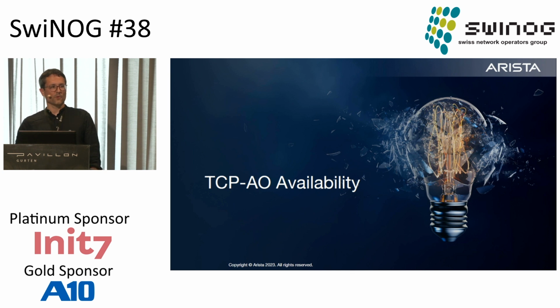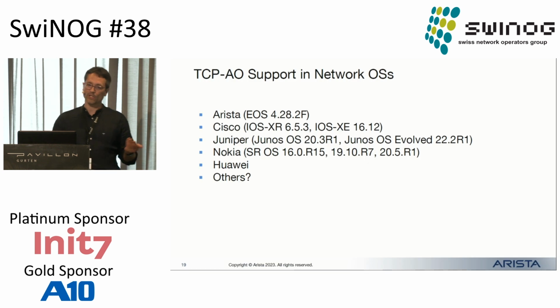But where is it actually implemented? Is it available? Can you use it today? Well, you can. Many networking vendors implemented it in their software. It's not 10 years ago that they did so, but in the last couple of years, many did. I'm sure there are also others, I just did not maybe Google good enough for that.